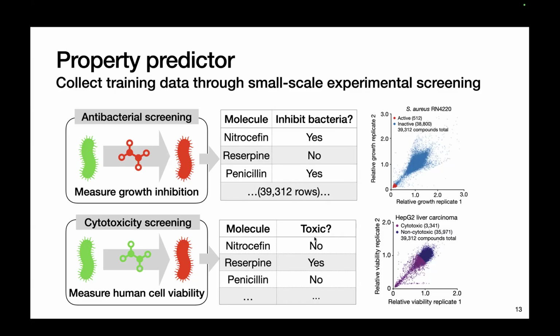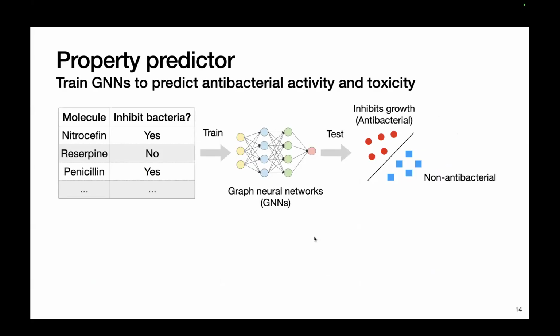So then, based on these two data sets, right? We train graph neural networks to predict, because these molecules are graph structures, so a graph neural network is kind of the ideal candidate for predicting molecular properties.